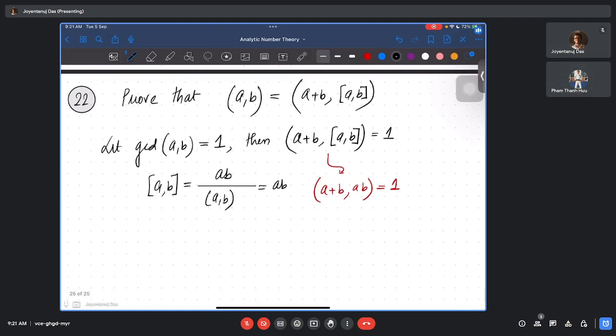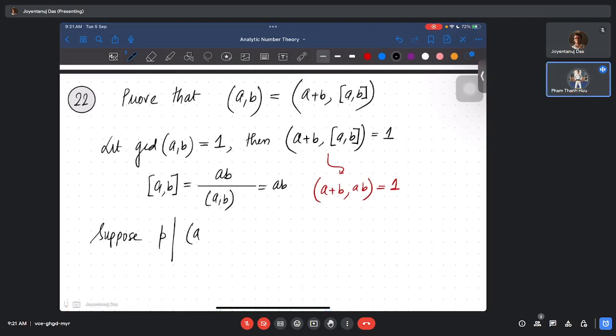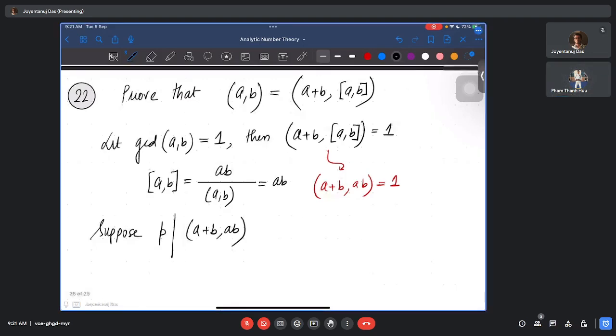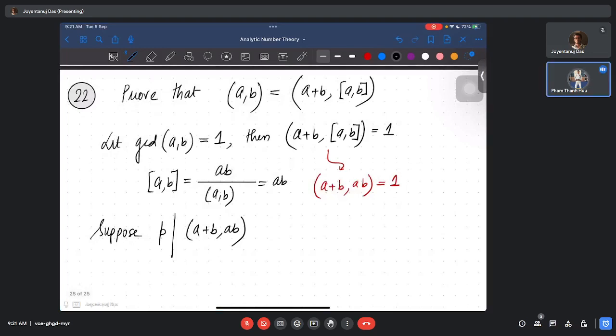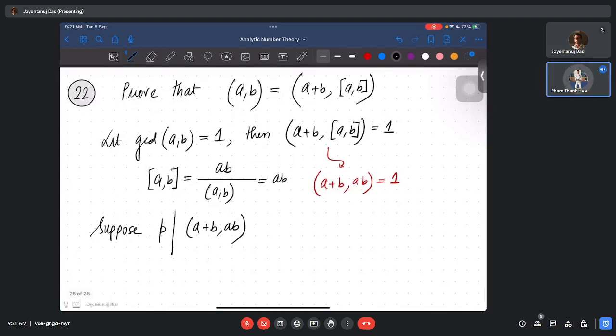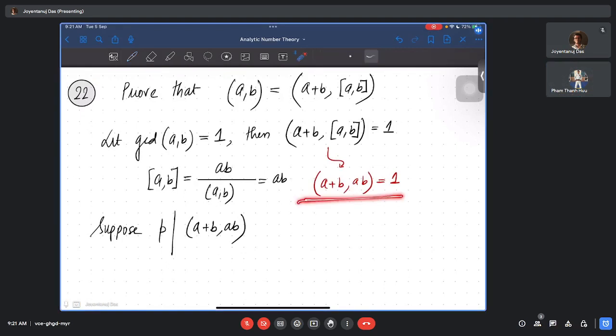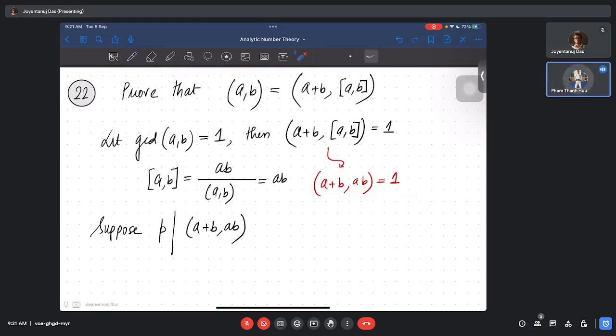So we'll go by contradiction. Suppose some prime P divides the GCD of A plus B and AB, and we have to show that it has to be one.